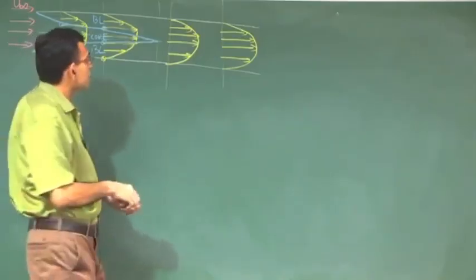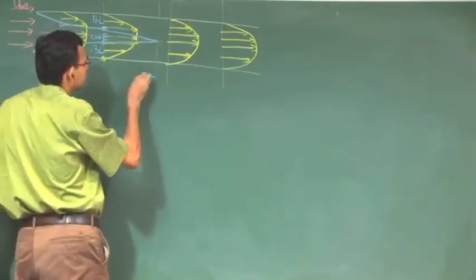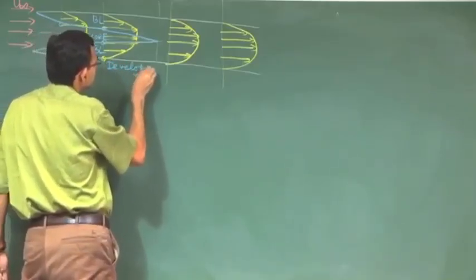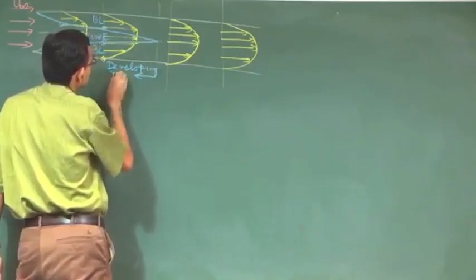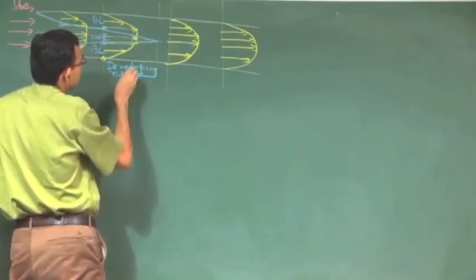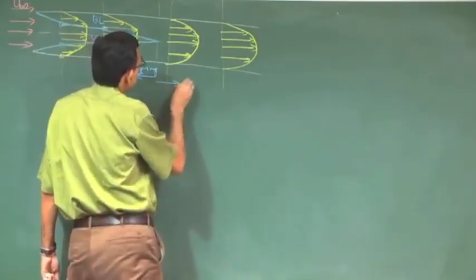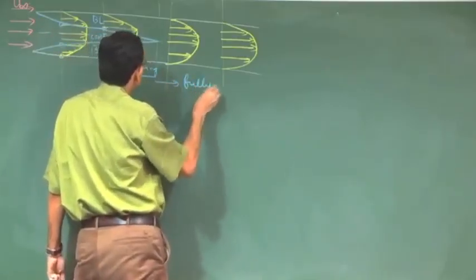So, this region is called the developing region or entrance region. This region is called the fully developed region.